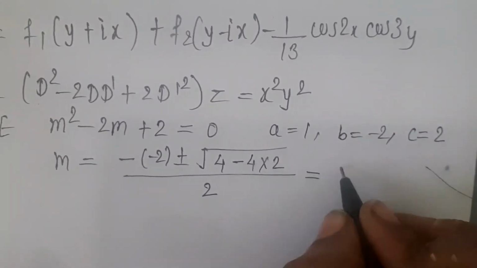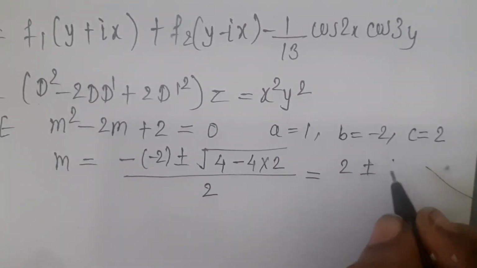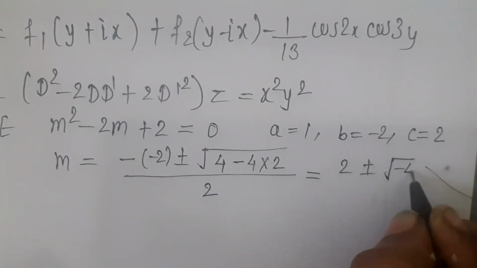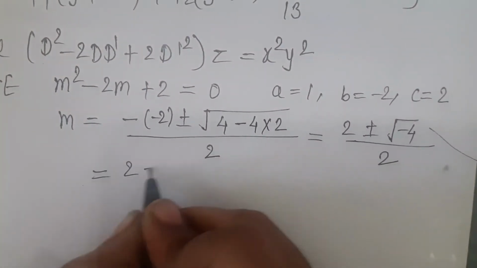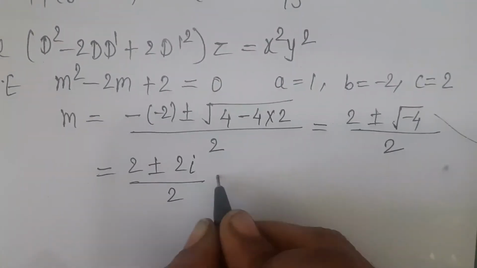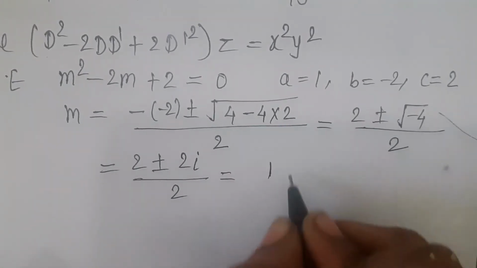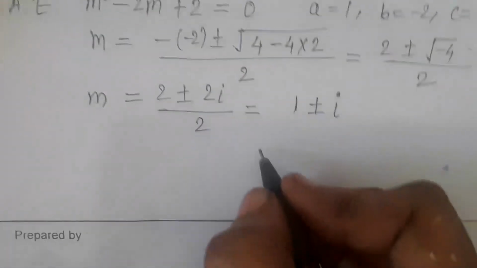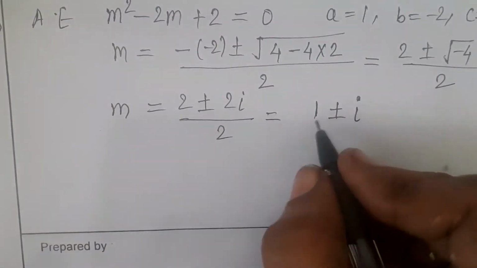So simplify it: it is 2 plus minus square root of 4 minus 8, which is minus 4, divided by 2. So this is equal to 2 plus minus square root of minus 4, which is 2i, divided by 2. So cancel out 2 from numerator and denominator, we get 1 plus minus i. Now the m value we obtained is 1 plus minus i, but we know that there are two different roots, 1 plus i and 1 minus i.